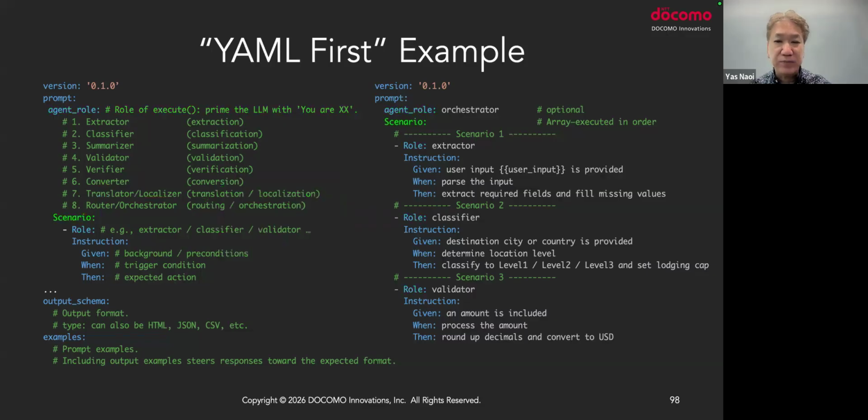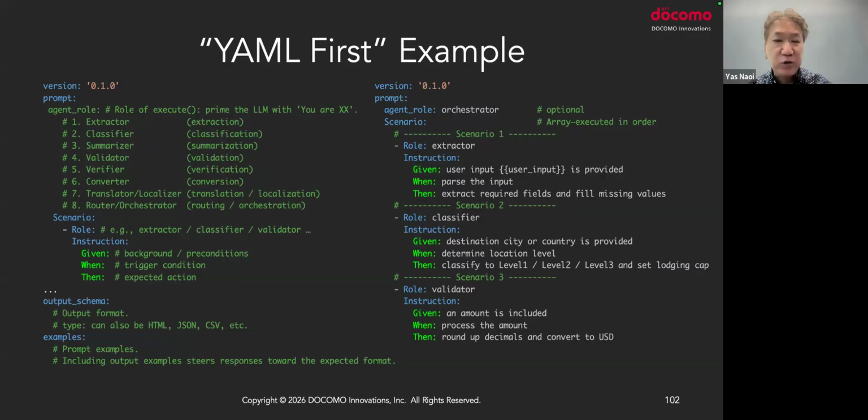In the scenario section, the instructions are written in a style like Gherkin syntax using given, when, then. Although Gherkin is normally used in BDD testing, here we use the same syntax for prompt design. Large language models understand this pattern because they were pre-trained on material that includes Gherkin-style text.